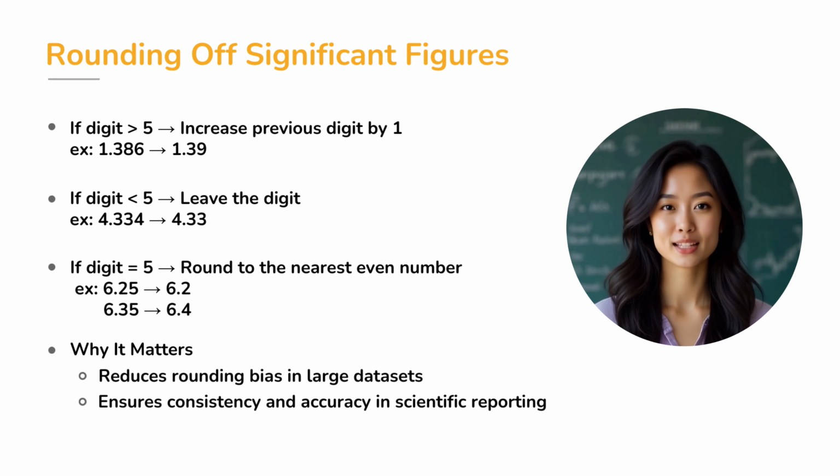And if it's exactly 5, we round to the nearest even number, a rule that helps avoid rounding bias over large data sets. Example, 6.25 becomes 6.2, and 6.35 becomes 6.4. This may seem subtle, but in chemistry and statistics, tiny differences can matter, especially across hundreds of measurements.